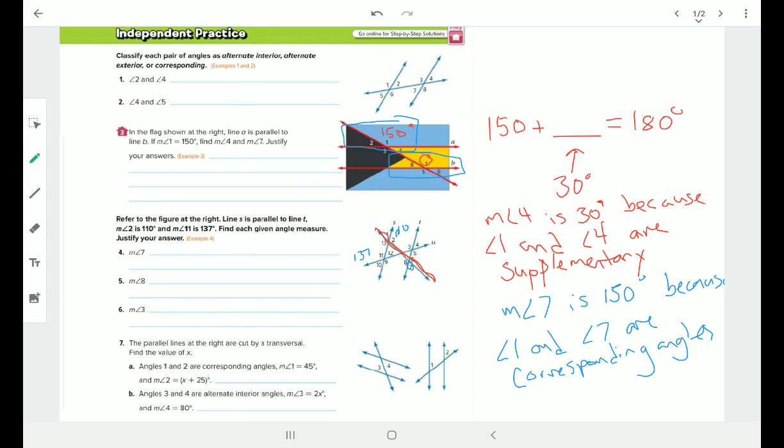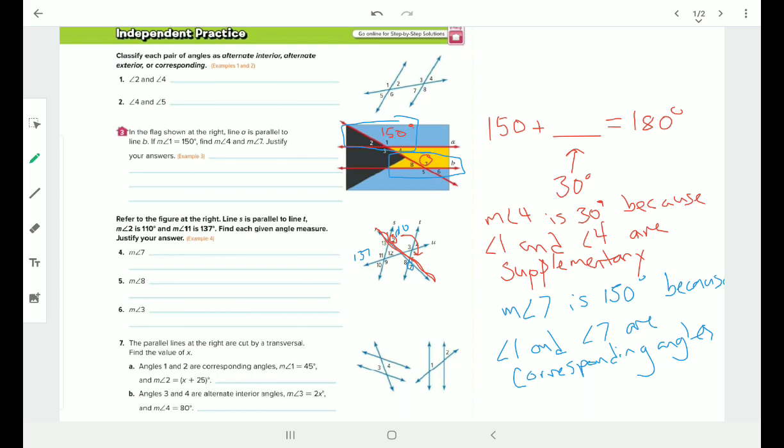So what other angle is connected to it? Well, that would be angle 2, which is right here. Now, it looks like they don't seem to be related. However, angle 2 is related to angle 6, right? Because those are corresponding angles.